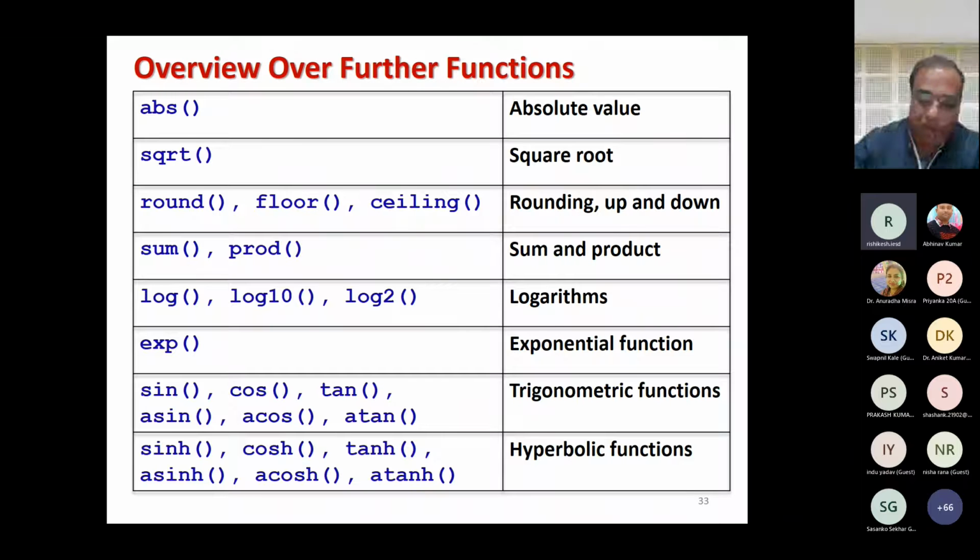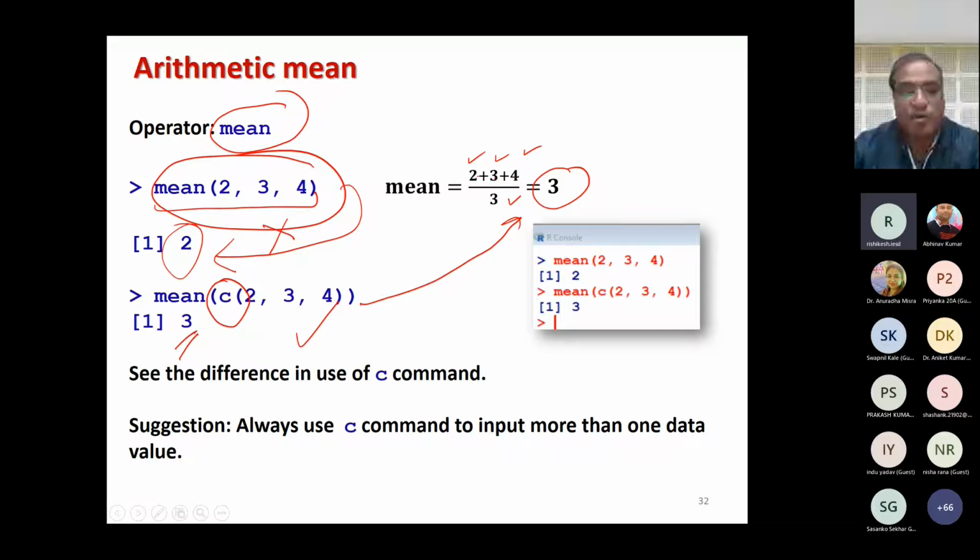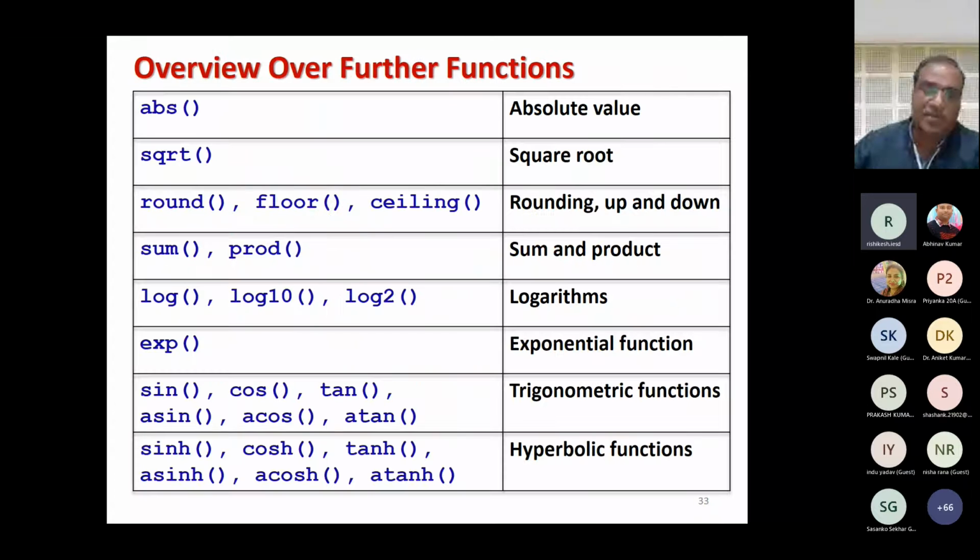Right. So now I have shown you two aspects: the minimum, maximum and mean commands, and how you can use them. You simply write the function name, and within the parentheses you give the data vector. Similar to these commands, there are many other options you can use.